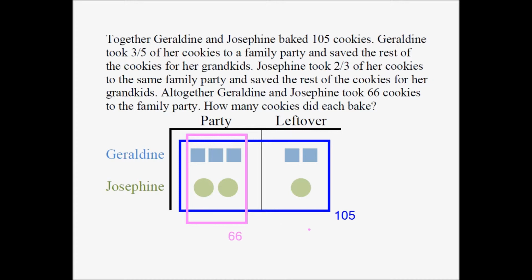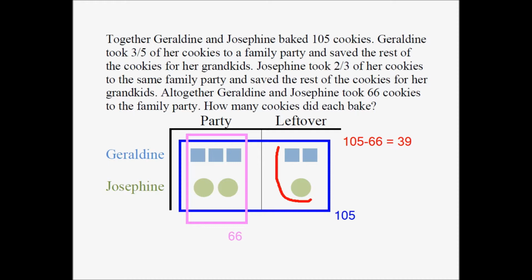So the first thing I'm going to do is subtract, and I'm going to do it in red. If I subtract 66 from 105, this is what I get. I get 39. So this has to be 39.